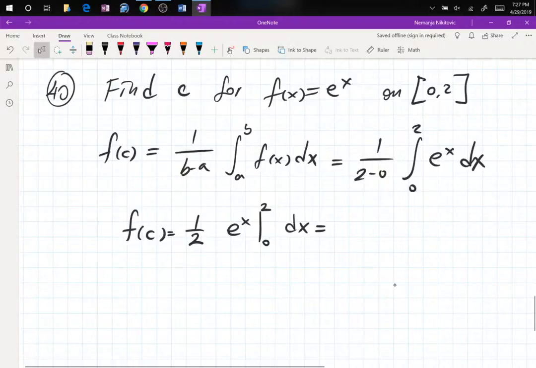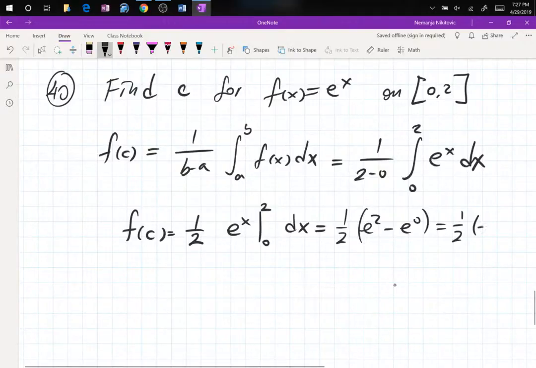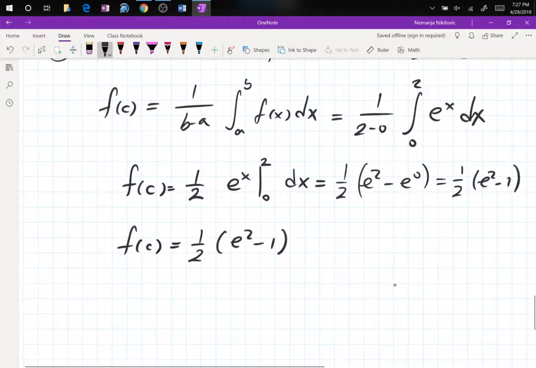And I get to calculate this as 1/2 e squared minus e to the 0, which is 1/2 e squared minus 1. So I have that f of c is equal to 1/2 e squared minus 1.